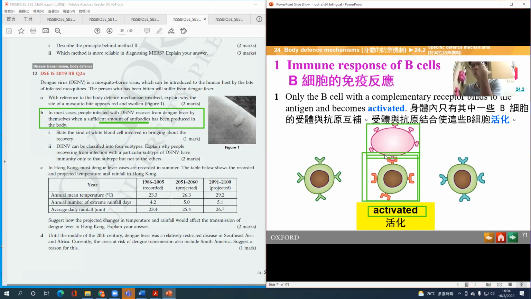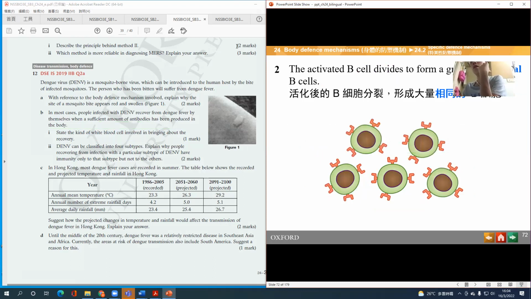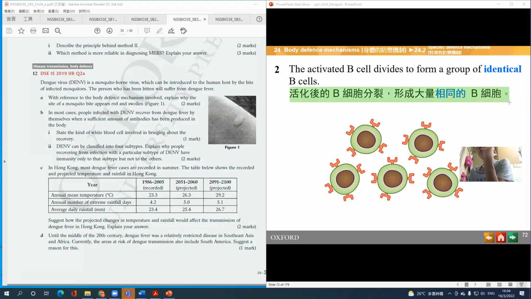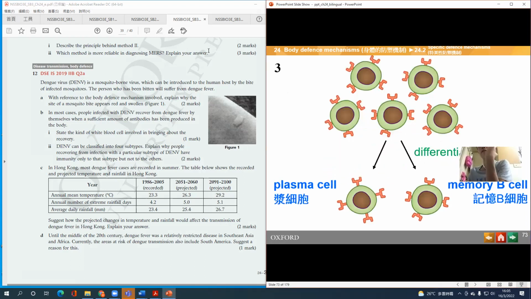So what happens to that B cell? It will form a lot of similar B cells; they go through cell division and produce more B cells. These B cells will differentiate into plasma cells and memory B cells.